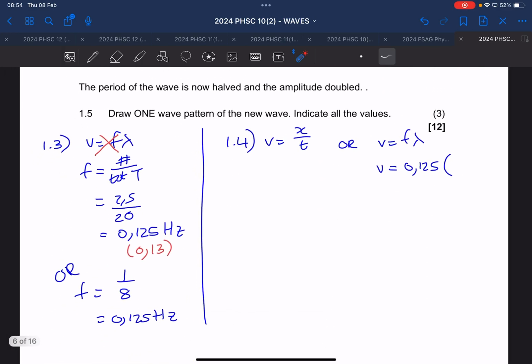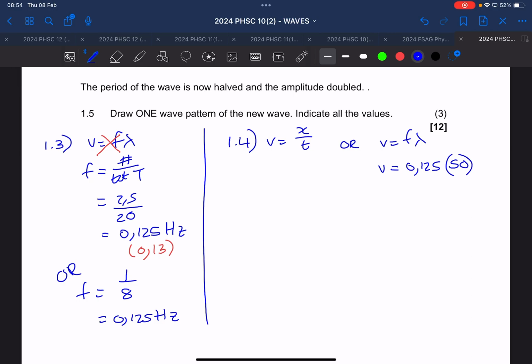Okay, so 50 meters. And if you calculate that, what do you get? 6.25, and the unit? Meters per second.